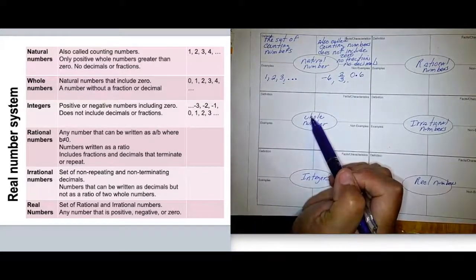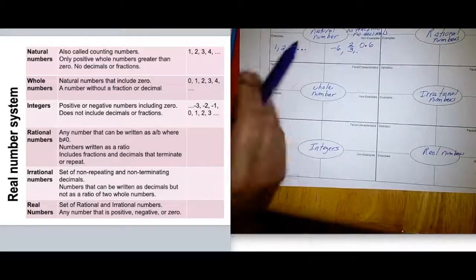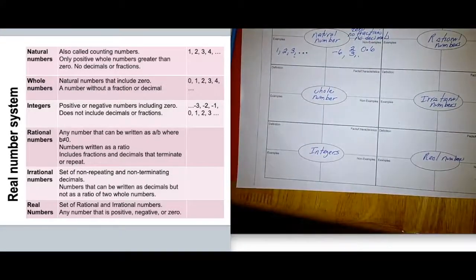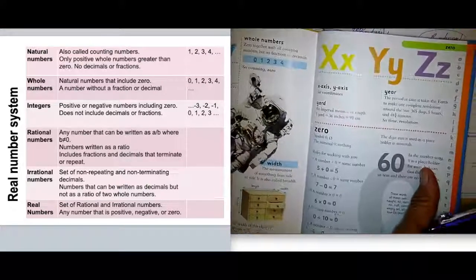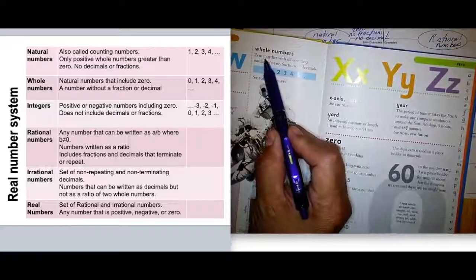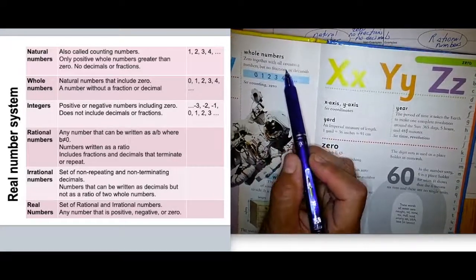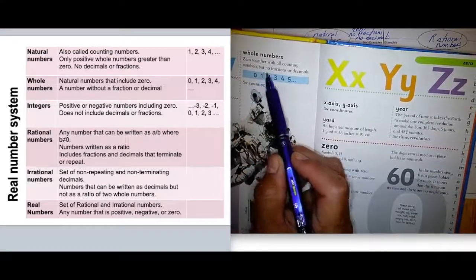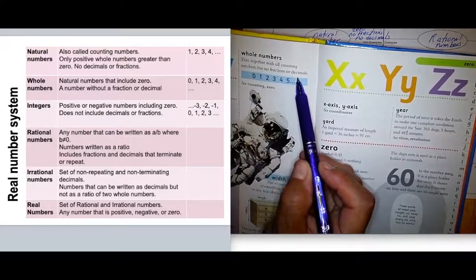Okay, the next vocabulary word is whole numbers. Whole numbers are my natural numbers including 0. Whole numbers: 0 together with all counting numbers, but no fractions or decimals.